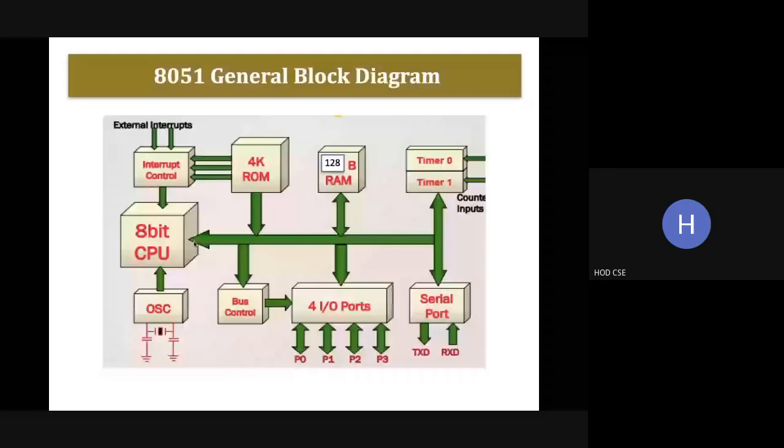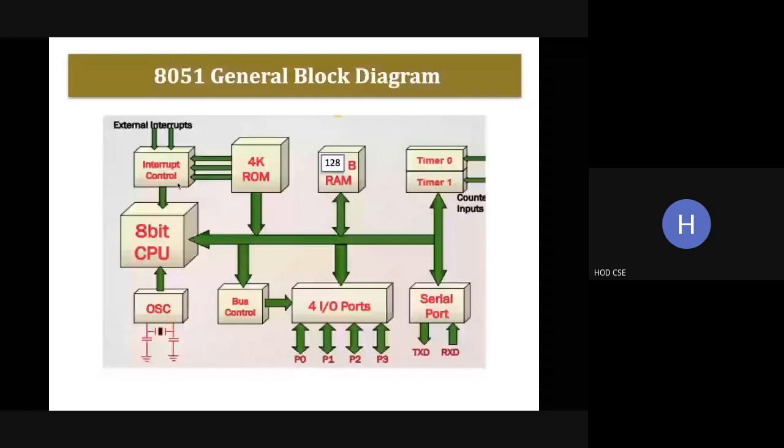So the general block diagram consists of an 8-bit CPU, and then we have the interrupt control, which is used to control the interrupts, and here 4K of ROM, which is used to store the program.